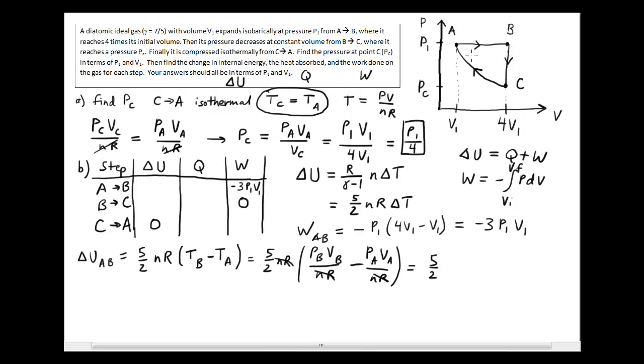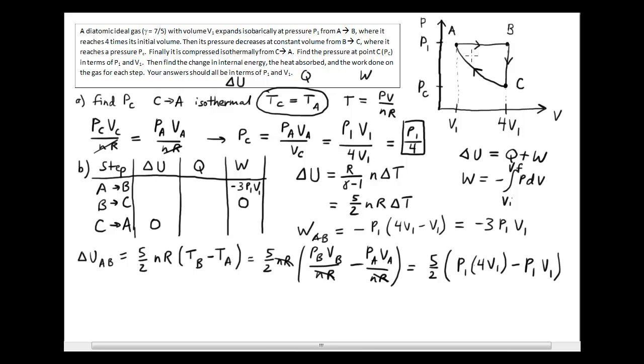It's 5/2, and what we've got in parentheses is PB VB. PB is P1, VB is 4V1. Then we subtract off PA VA. PA is P1, VA is V1, so it's just P1 V1.